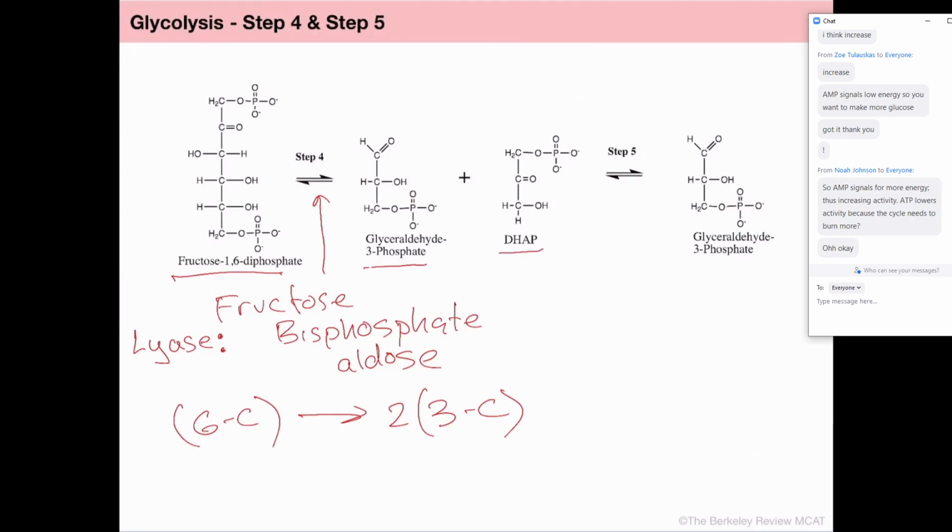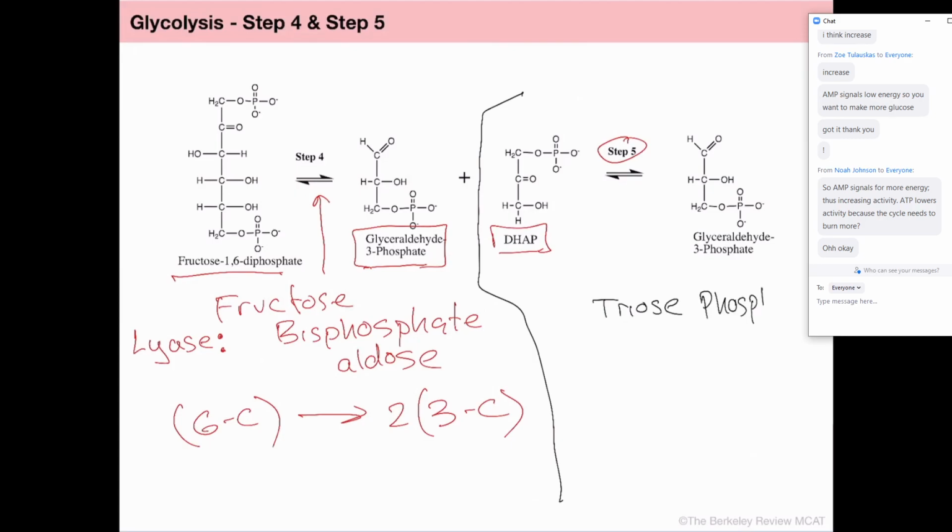Step 5 is this weird step, and we don't want DHAP. What we want is more glyceraldehyde 3-phosphate. So it takes DHAP and uses an enzyme called triose phosphate isomerase, a 3-carbon sugar phosphate isomerase.